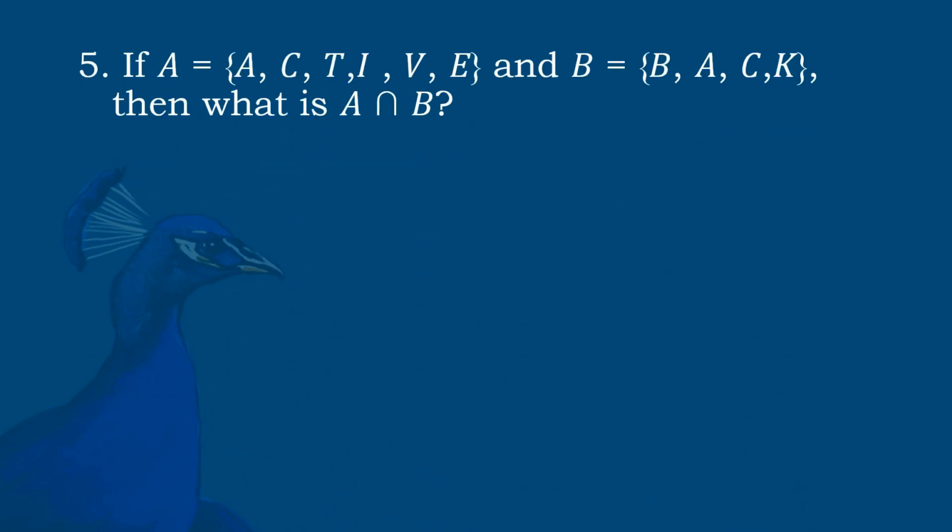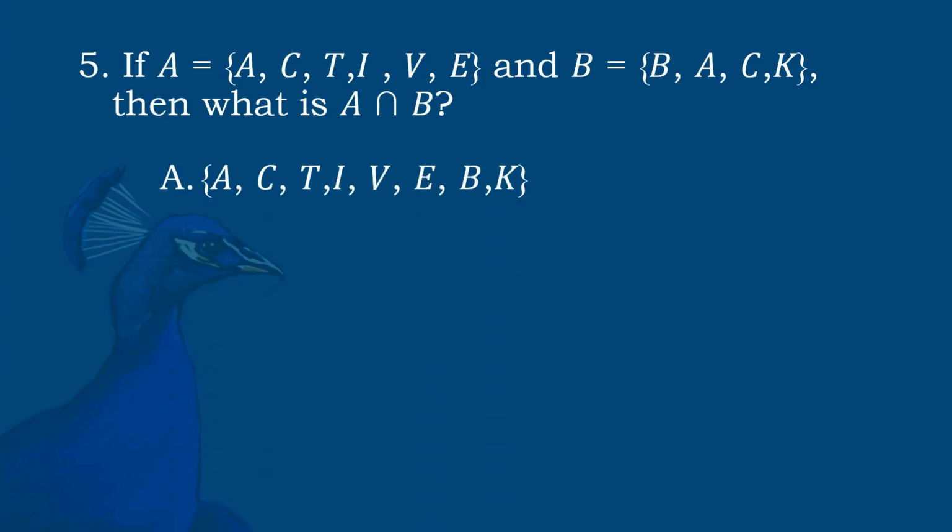Number 5. If set A has the elements A, C, T, I, V, E, and set B has the elements B, A, C, K, then what is A intersection B?